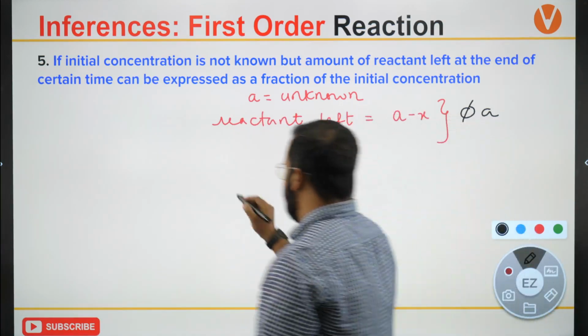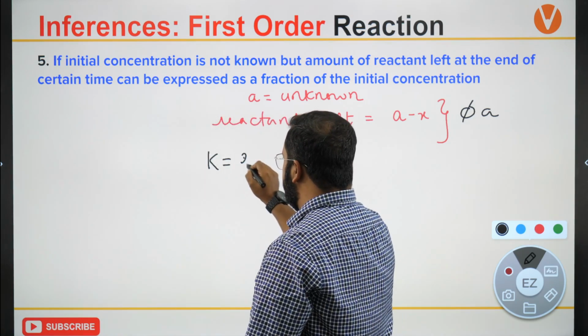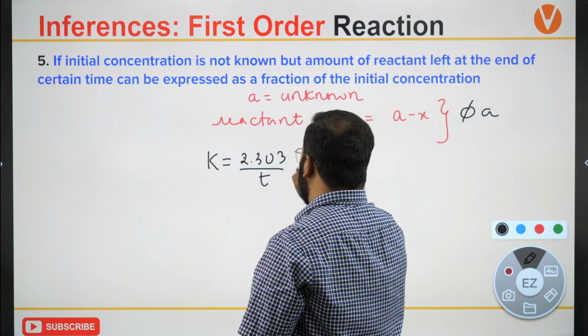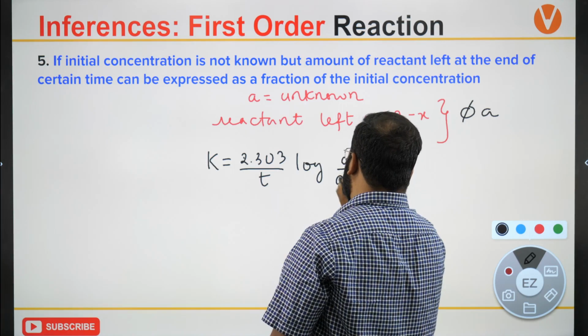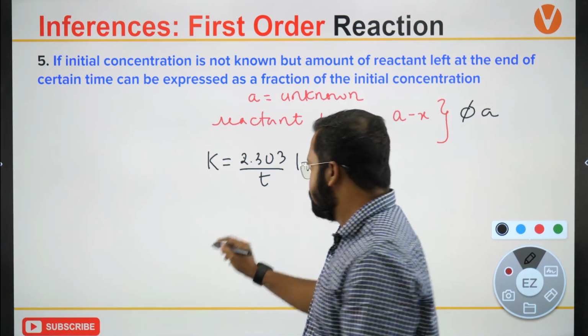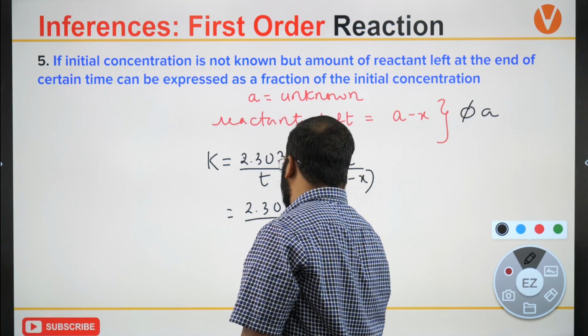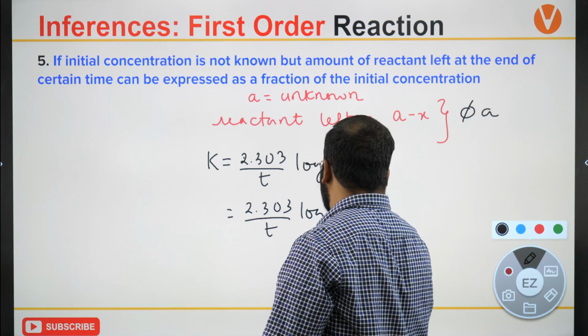Okay, so can I say that the expression for the rate constant, 2.303 upon T log of A by A minus X, can be written as 2.303 upon T log of A by phi A?